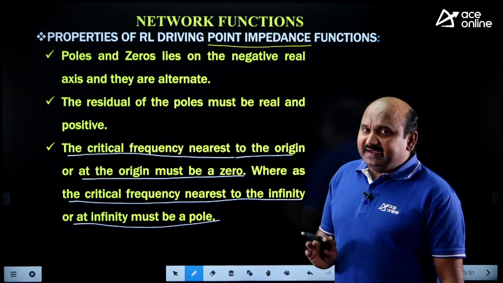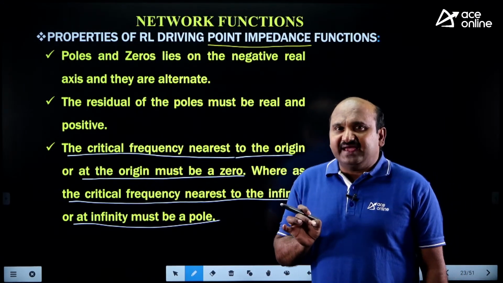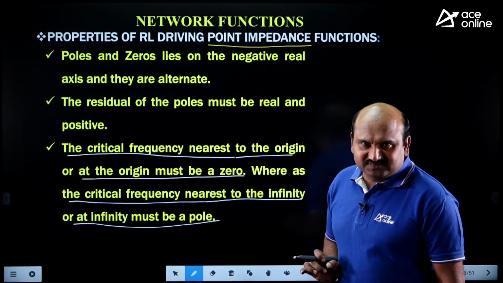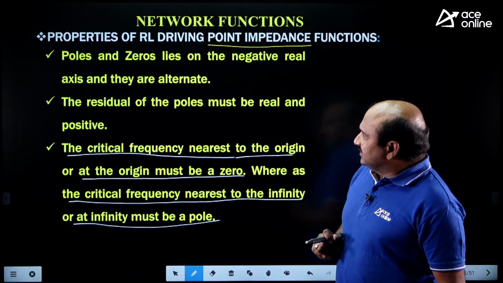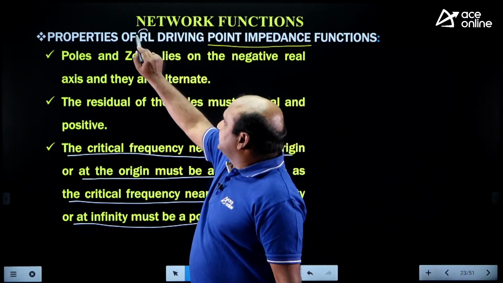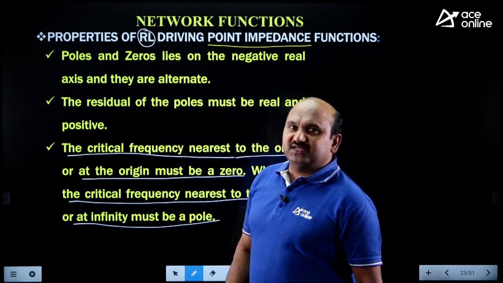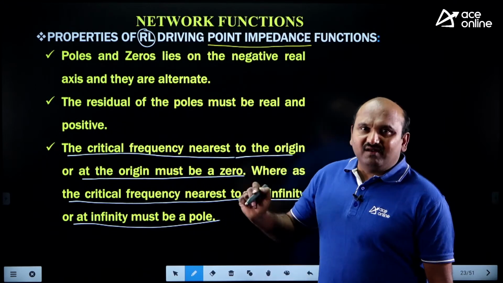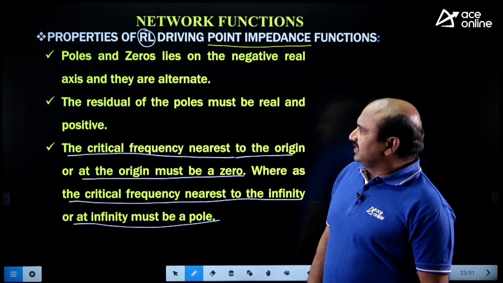Now let me explain by using a simple example for this one. Shall we go with the example, suppose you consider that the driving point impedance function is related with RL elements. Let me consider the simple example.